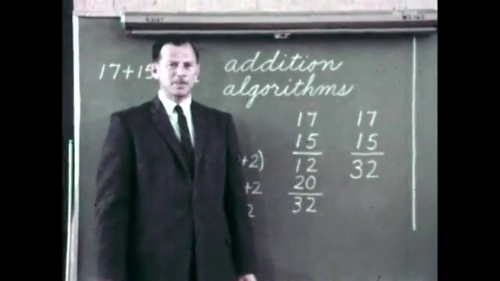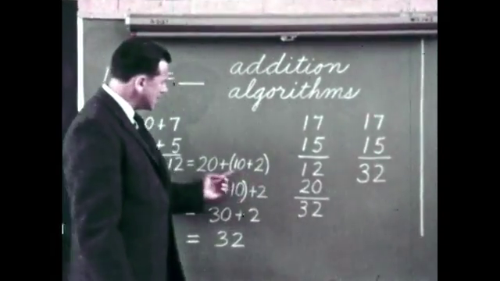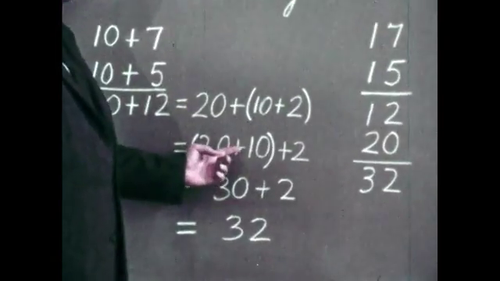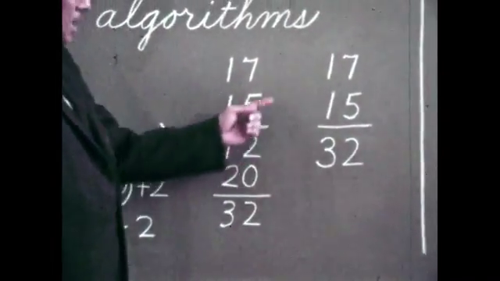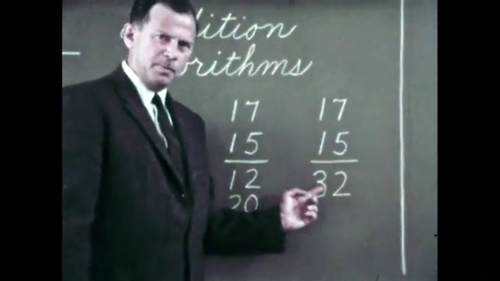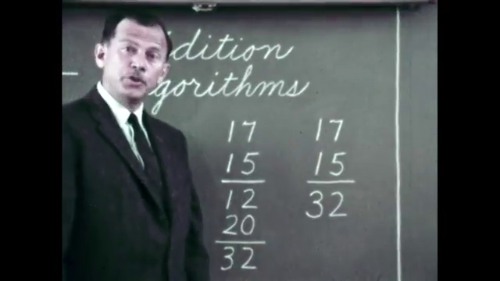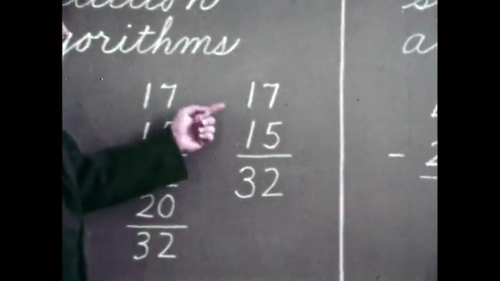After children have had experience in working with algorithms that help them see how basic principles are applied, they are ready for the development of a more efficient algorithm. If this traditional algorithm is introduced too quickly, however, children may learn what to do, but they may not fully understand just what they are doing.